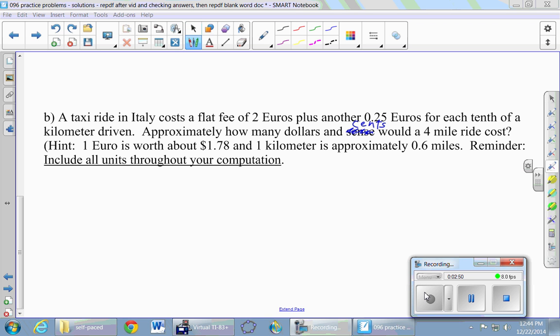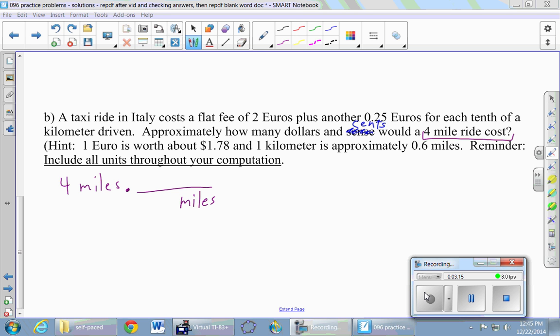So we'll begin with the only given information about our specific ride in this taxi cab, and that's the 4 miles. So we're starting with 4 miles and hopefully ending with some number of dollars and cents. So we're going to be multiplying by fancy forms of 1 here. So if I have miles on the top and I want to get rid of miles, then I better put miles down here.